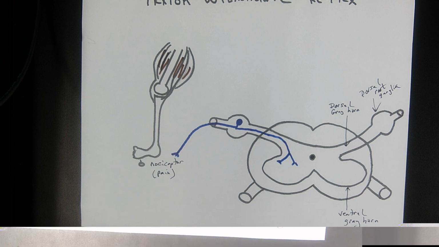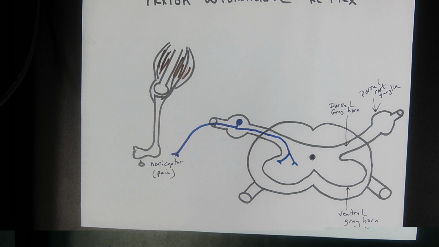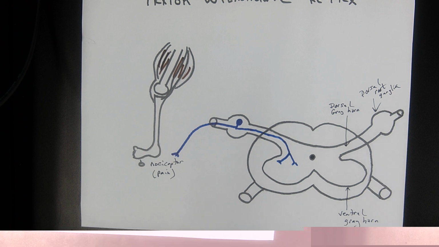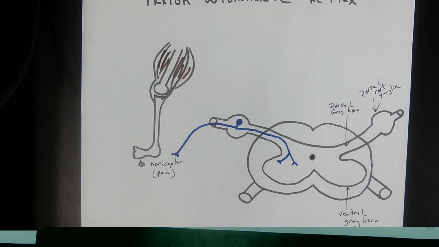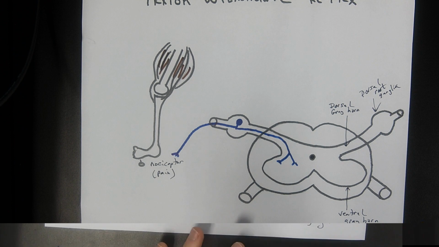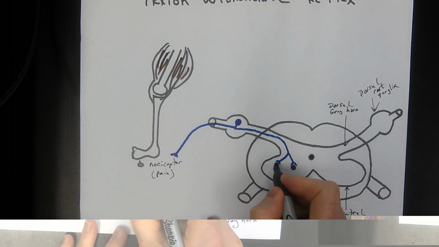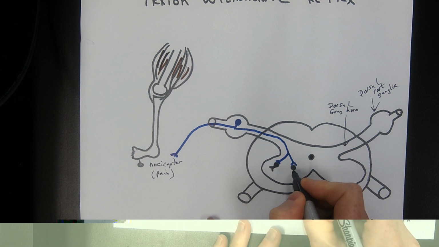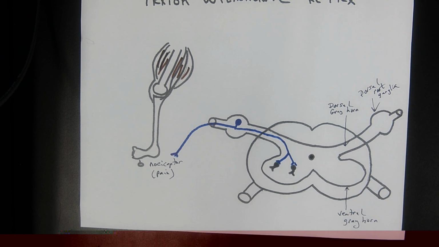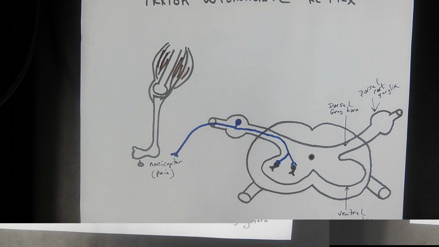I'll stay consistent with the drawings that I had previously. I have an interneuron here, an interneuron here, and that's going to connect with the alpha motor neuron.